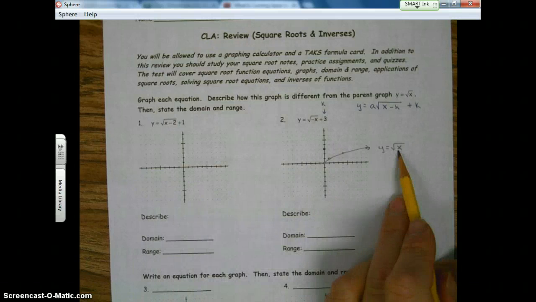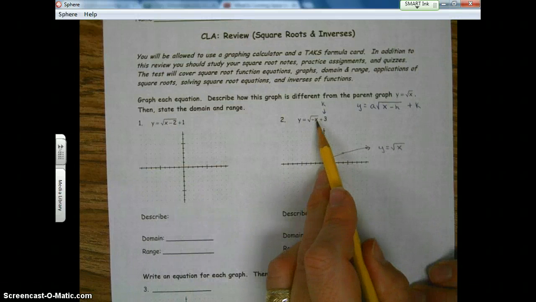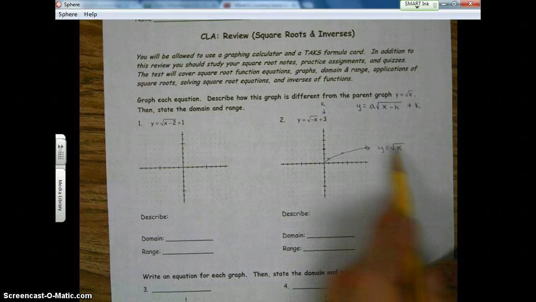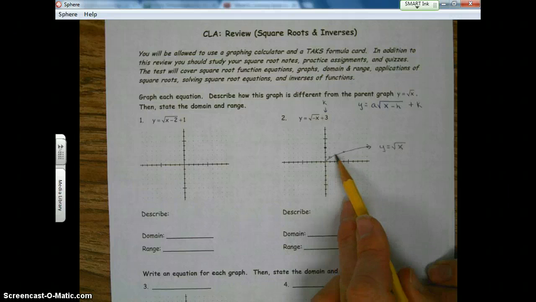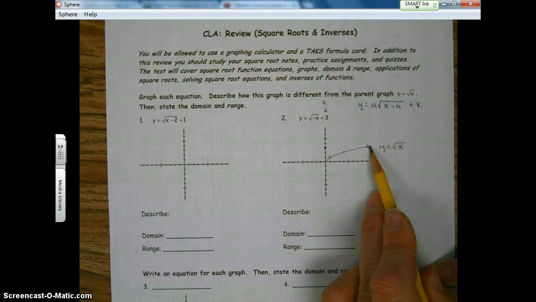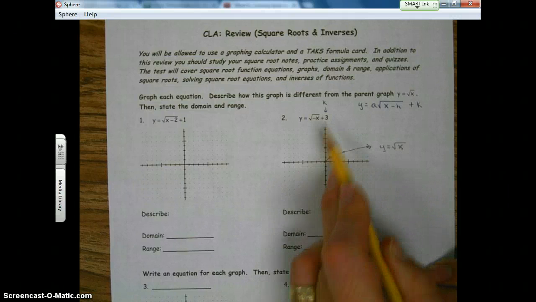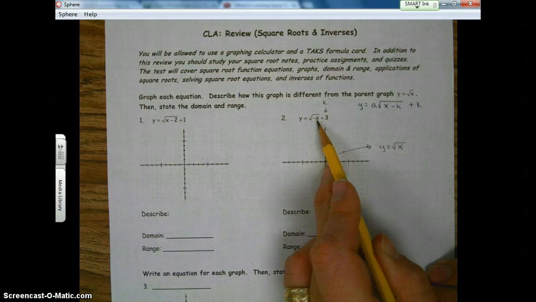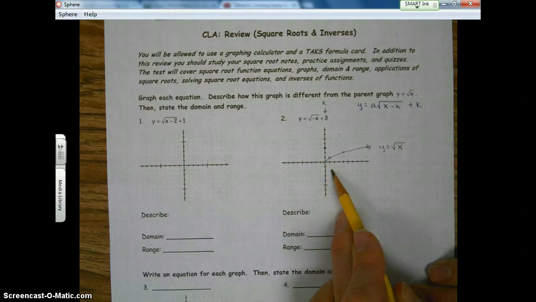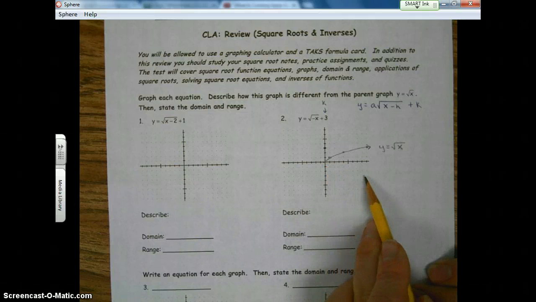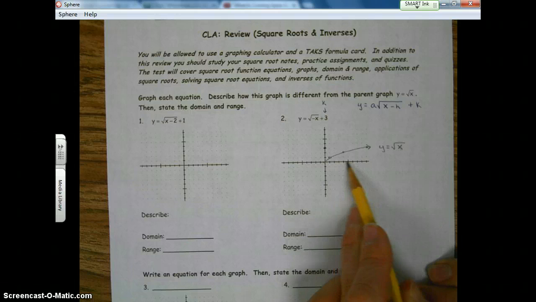Okay? Well, here it says to make all my x values negative. Well, notice that all my x values here are positive. I want to make them negative. Well, if I go over the x-axis, will my x values become negative? No, because x is positive over here.